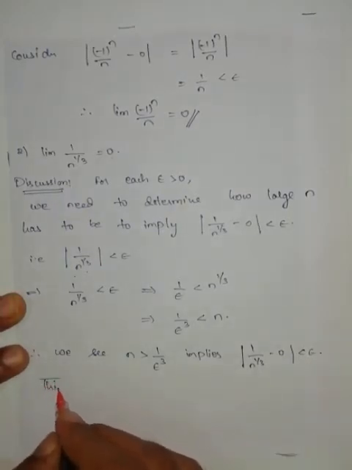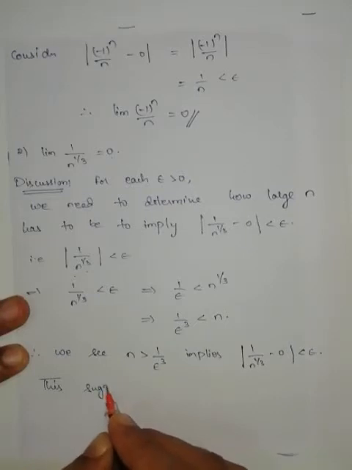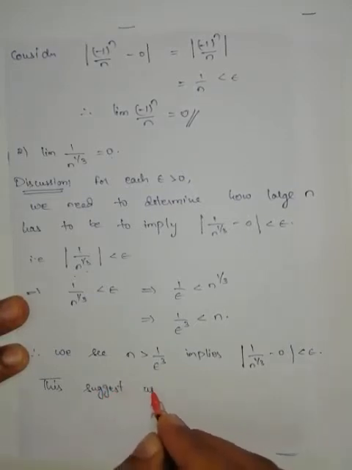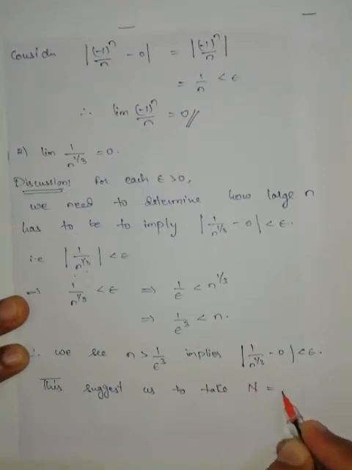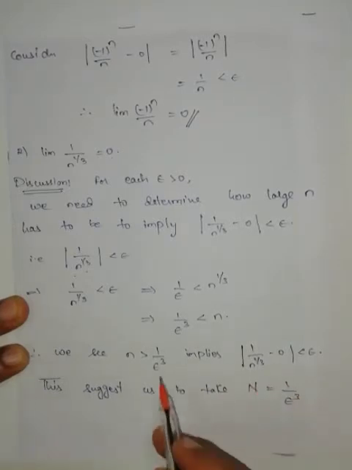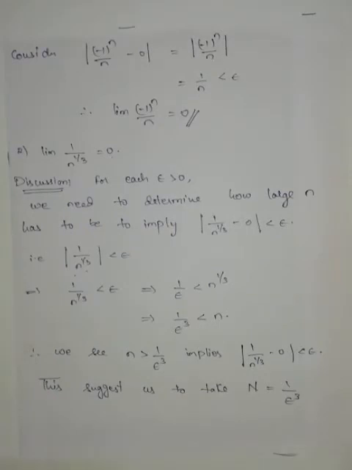This suggests us to take capital N is equal to 1 by epsilon cube as per the definition. Now we will do a formal proof.